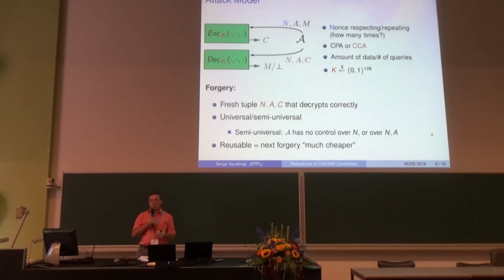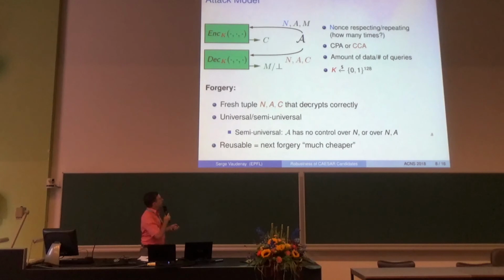Universal means that the adversary will be able to forge a triplet for an arbitrary message M, so we produce a message M together with the triplet N, A, C. Or semi-universal. In a semi-universal forgery, maybe there is a restriction on which nonce will come up in the final triplet, or the associated data. Maybe it will be fixed or imposed by the attack.